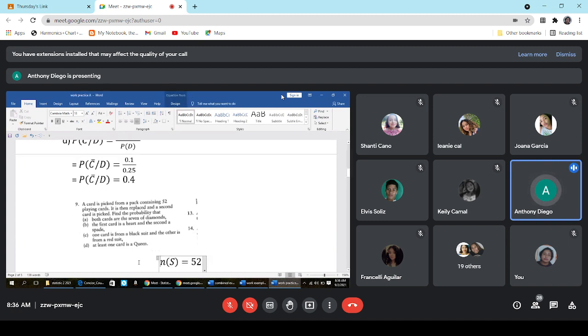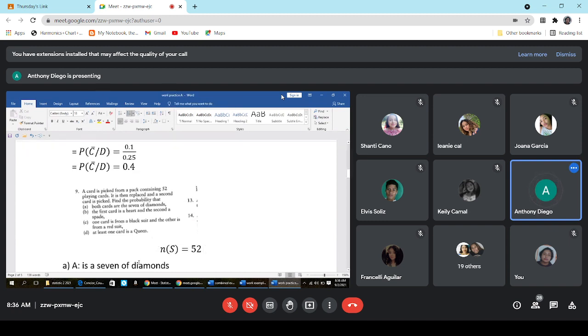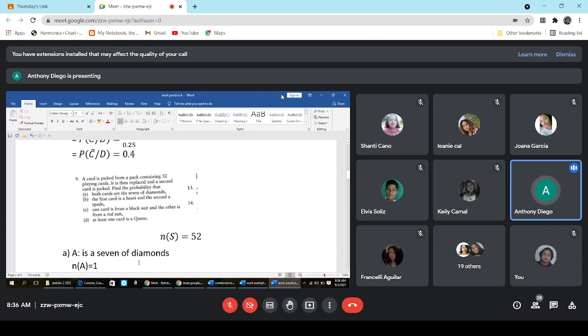So we know that n(S) is 52, and we have the event A is a 7 of diamonds. In order for us to get a 7 of diamonds, there's only one 7 of diamonds in that deck of cards. Do you agree? Yes, sir. But remember, the card is being replaced and picked back.